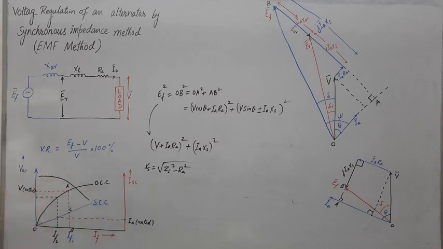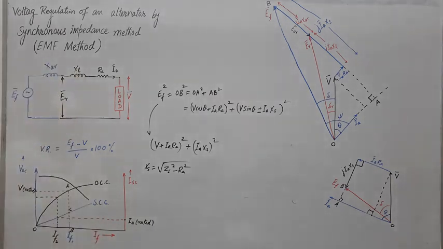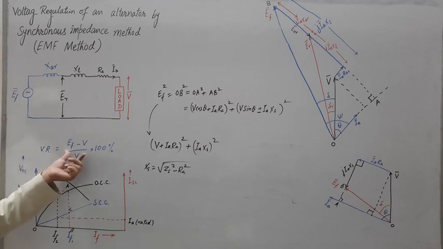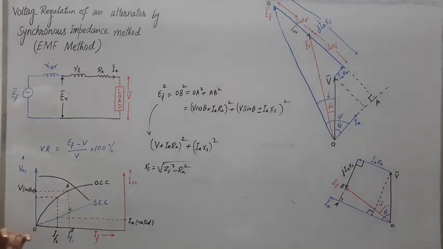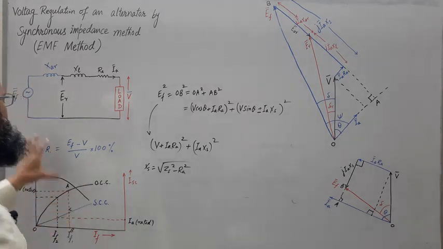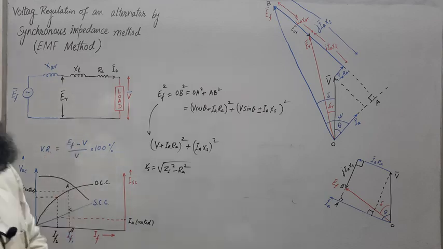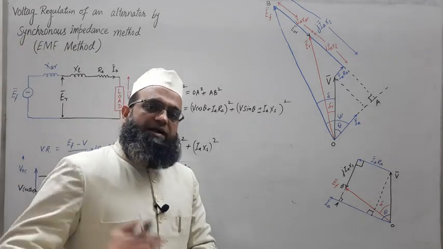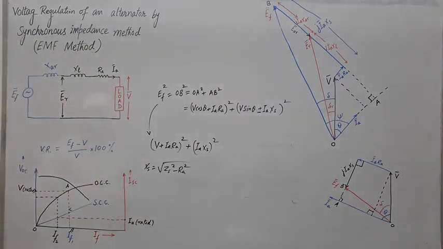So we are taking the value of ZS more than the actual one. Hence, the value of voltage regulation obtained corresponding to the drop across this is more than the actual one. Hence, this method is known as pessimistic method. This is the disadvantage of this method, that the voltage regulation obtained with this method is not accurate, that is higher than the actual one, hence known as pessimistic method. Fine.